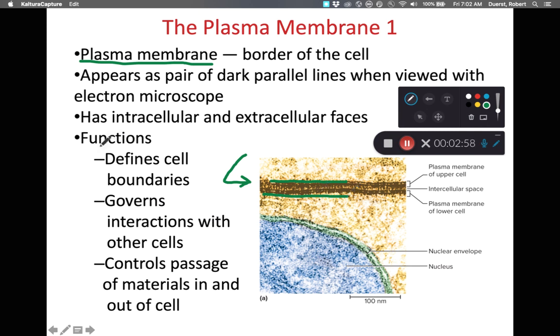In addition to defining the cell boundary, it also governs the interactions with other cells. It controls how the cell we're focusing on communicates and interacts with the cells that are nearby and with chemical signals sent from other parts of the body. Our plasma membrane also dictates what gets into and what gets out of the cell. It's the gatekeeper of the cell.